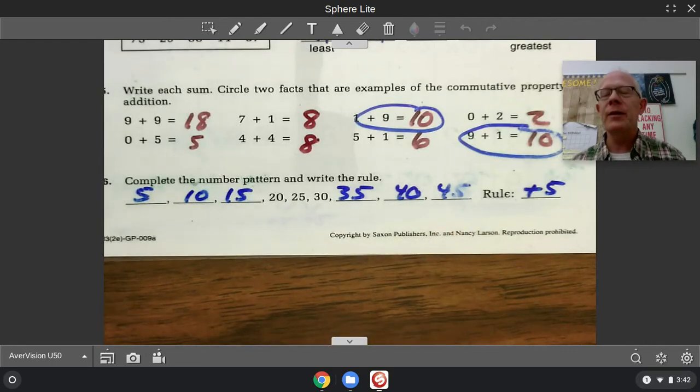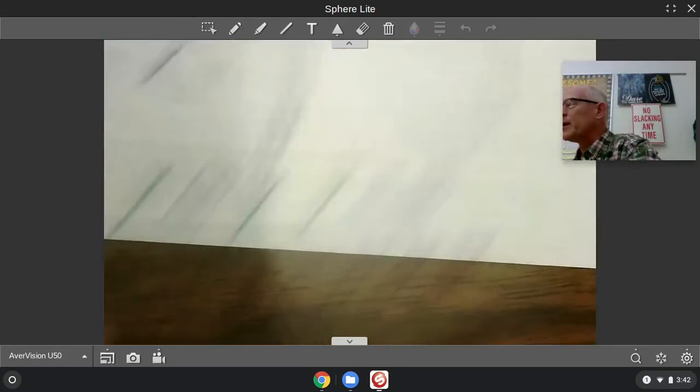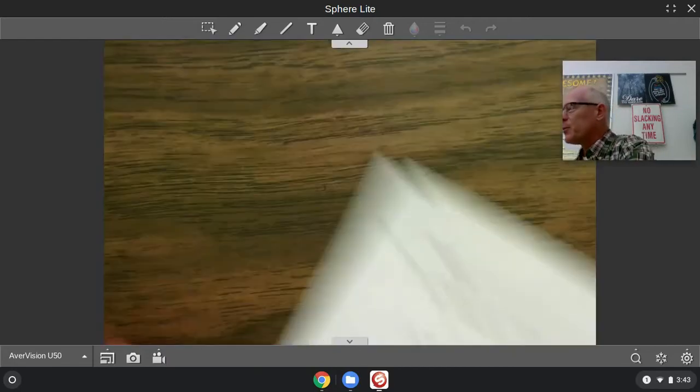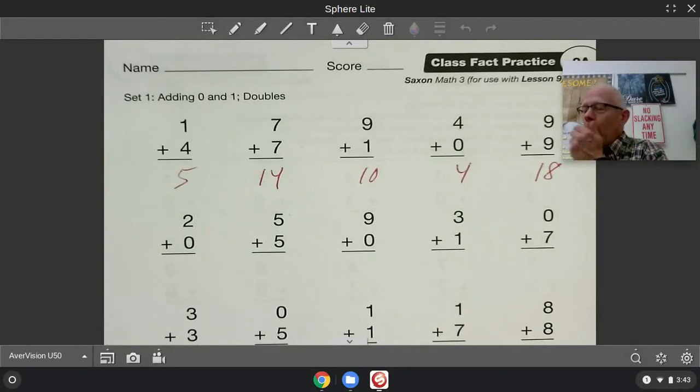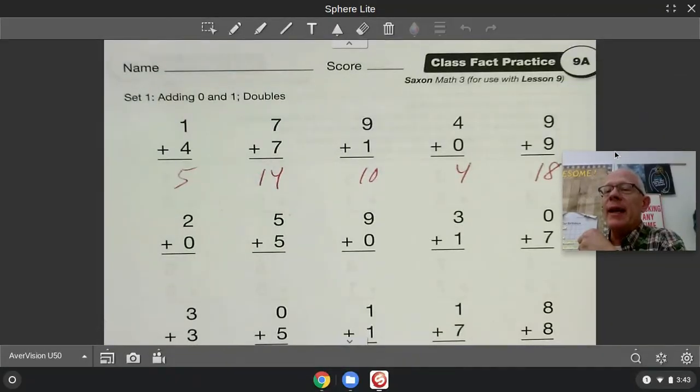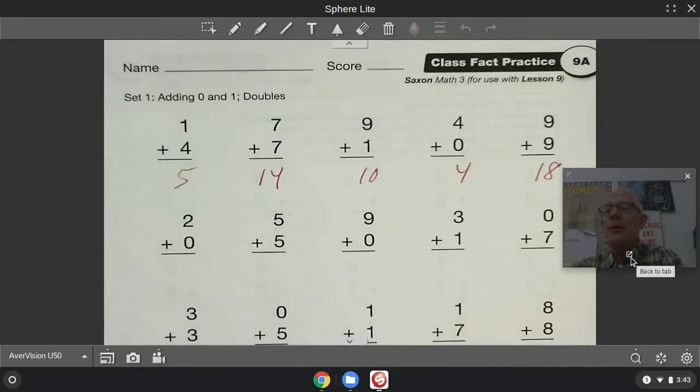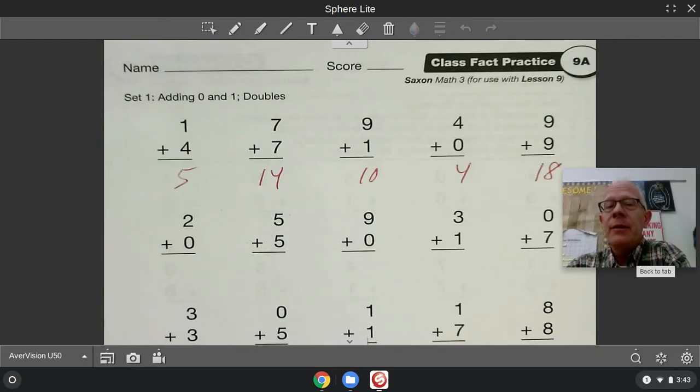Okay, boys and girls? All right, now what I would like you to do is work on side B. And when you're done, we will correct it. Also, I would like you to work on this. This is your class practice sheet. And by the way, we are going to have an assessment tomorrow on your facts.